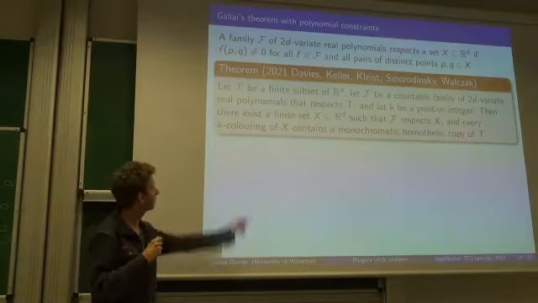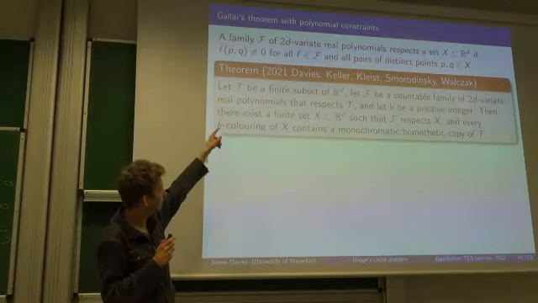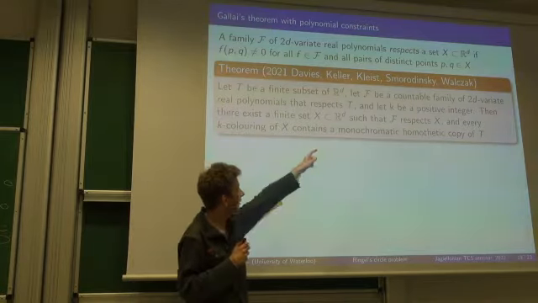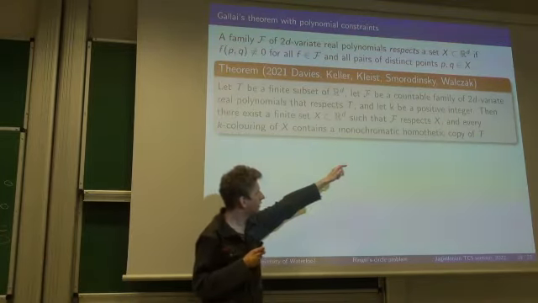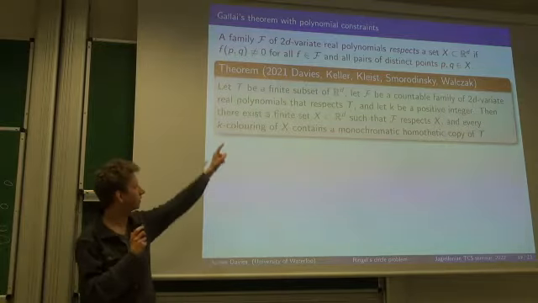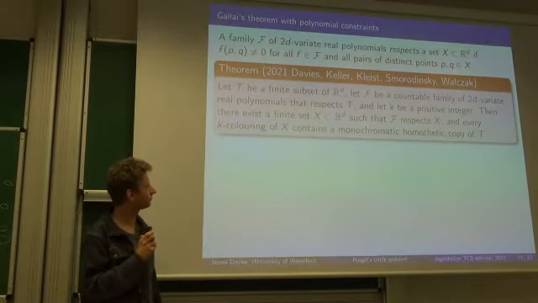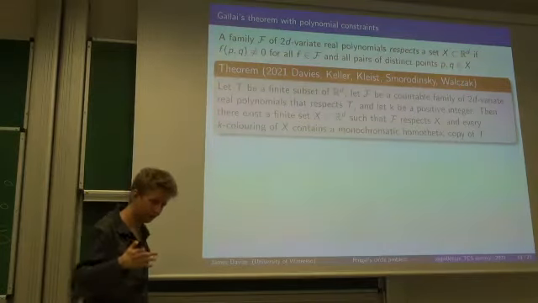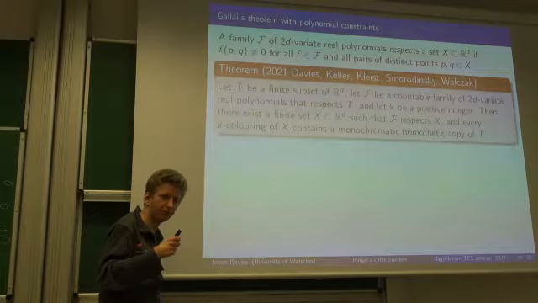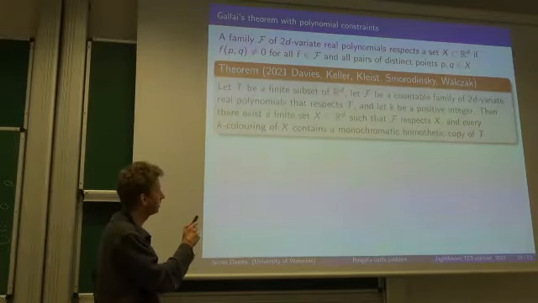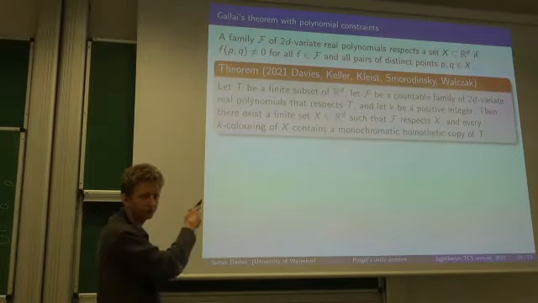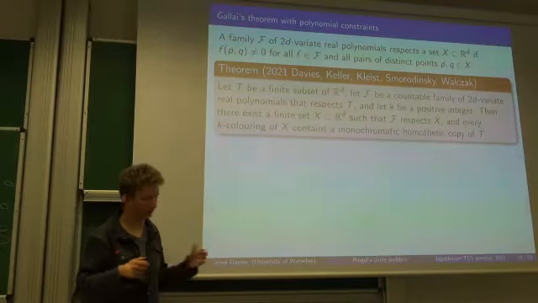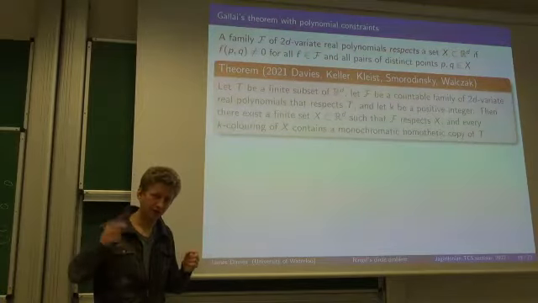A lot like Gallai's theorem, we have a finite set T in D-dimensional space and a number of colors K. The main difference is we now have a family of polynomials in 2D variables that respects T. The theorem says, as before, we can find a finite set X so that in any K-coloring we find a homothetic copy of T. But more than that, we can guarantee that our family of polynomials F also respects X. What respecting means is, again, when we take pairs of points, it's non-zero.